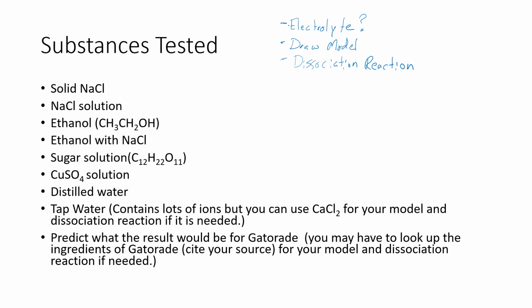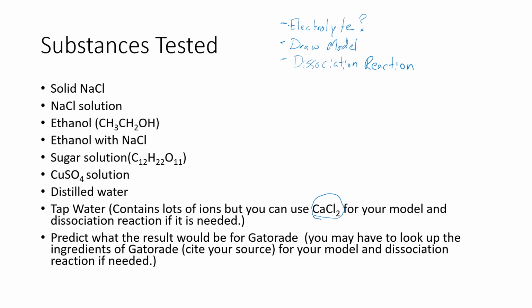For tap water, I would like you to use calcium chloride as the dissolved substance in tap water. There's lots of different compounds dissolved in tap water. However, for simplicity's sake, you can just use the calcium chloride for the model, and then also if you need a dissociation reaction, use the calcium chloride for the dissociation reaction.